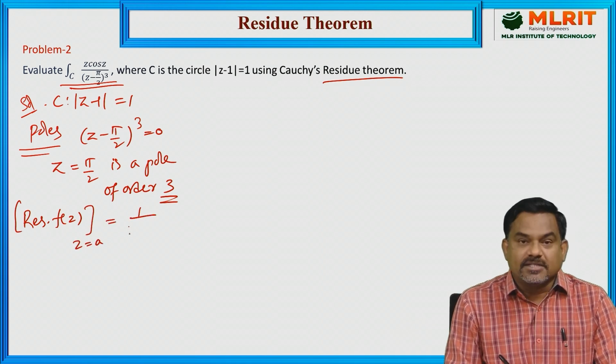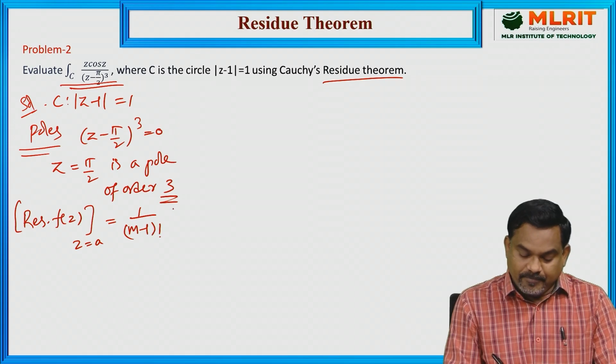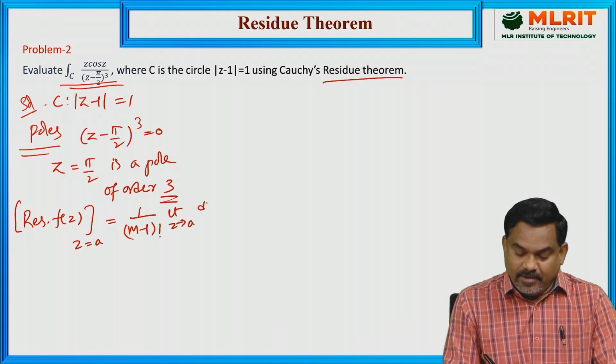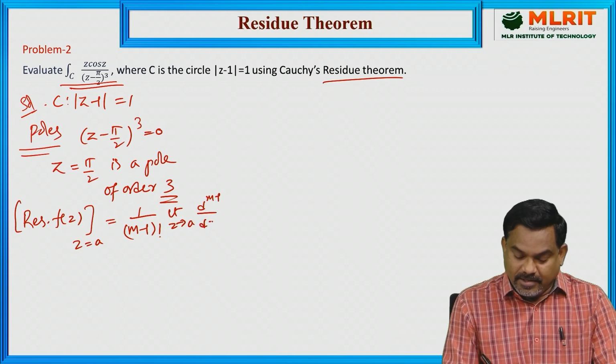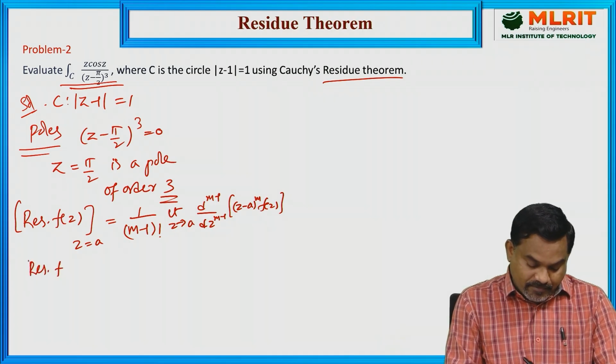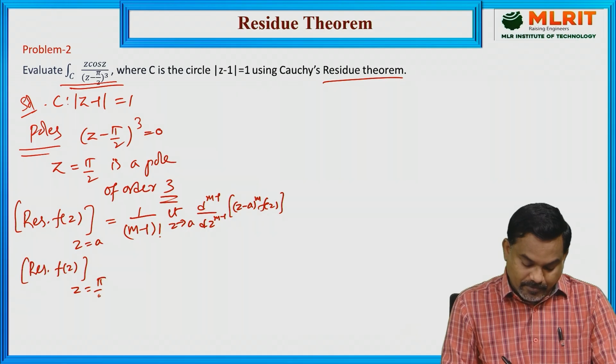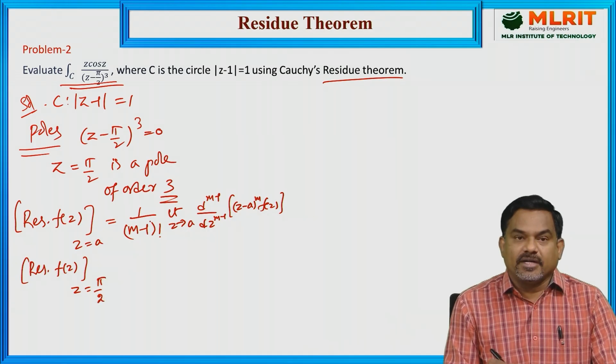The formula is 1 by m minus 1 factorial limit z tends to a d power m minus 1 by dz power m minus 1 of z minus a power m into f of z. So here residue of f at z equal to pi by 2, which is a pole of order 3.